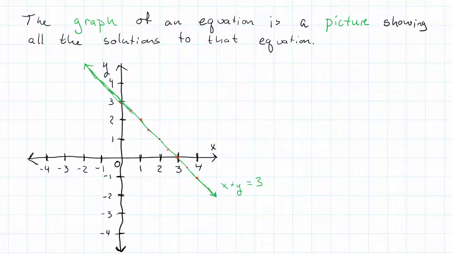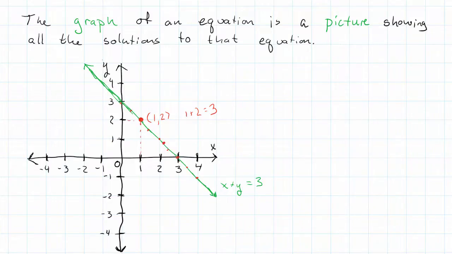That applies to points that fall on the intersections of grid lines, whose coordinates we can easily read. For example, (1, 2). Note that 1 plus 2 equals 3. And it applies to all of the in-between points, whose coordinates are harder to read.